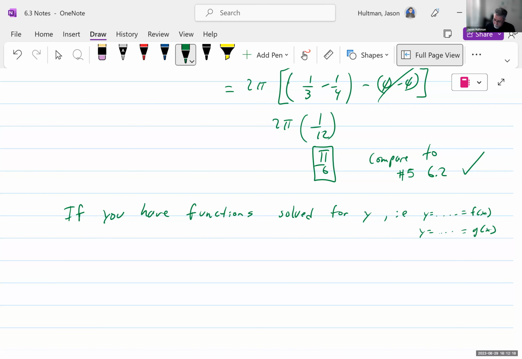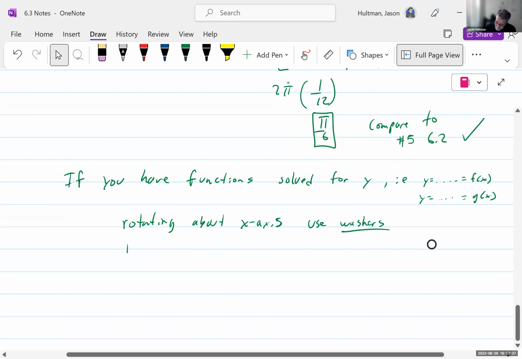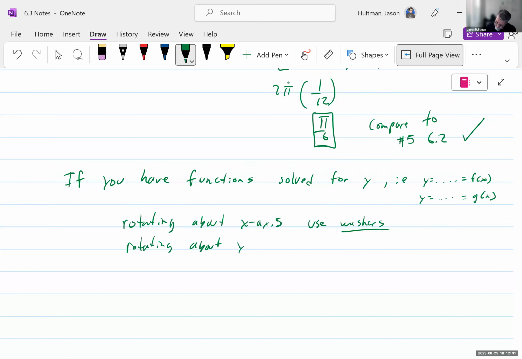Well, if we're rotating about the x-axis, we want to use washers. If we're rotating about the y-axis, I'll put washers first here because it won't always work out.